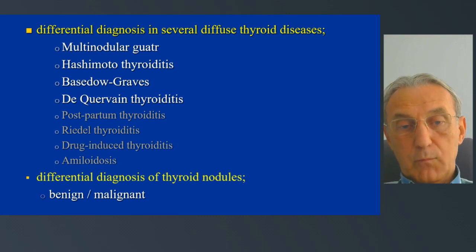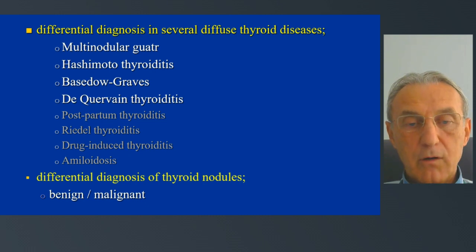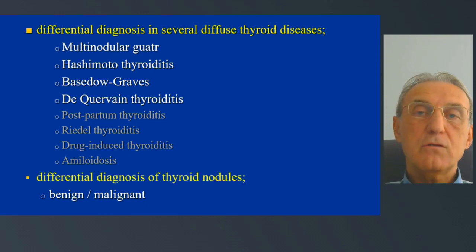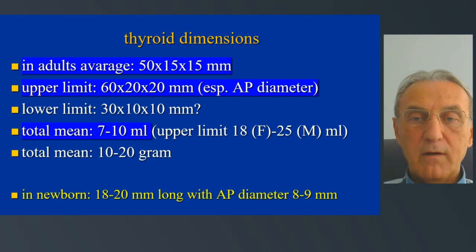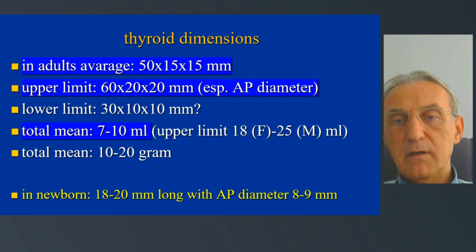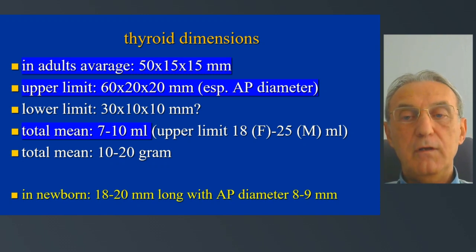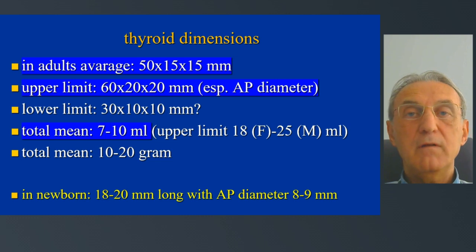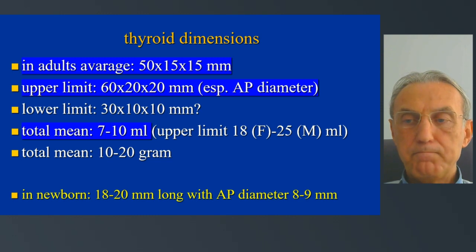Maybe the most important part of ultrasound in the thyroid is the differential diagnosis of thyroid nodules as benign or malignant. What are the thyroid dimensions? In adults, the average thyroid dimensions are 50 by 15 millimeters. The upper limit is 60 millimeters in the longitudinal axis and 20 millimeters for both the AP diameter and transverse diameter.